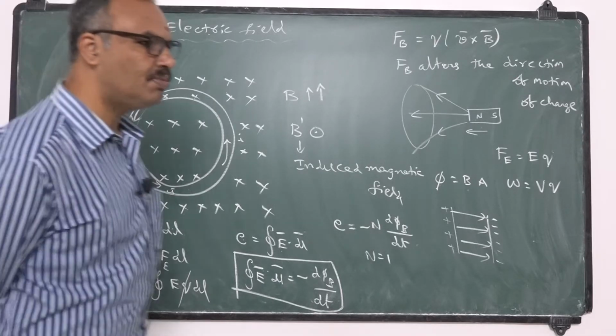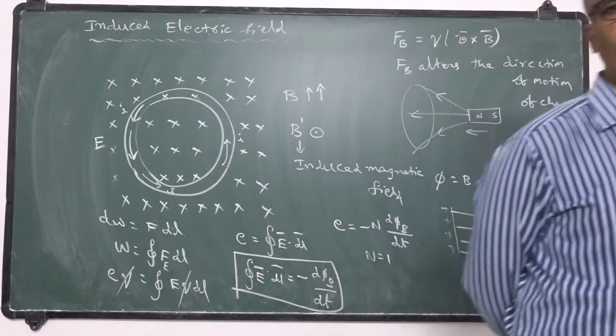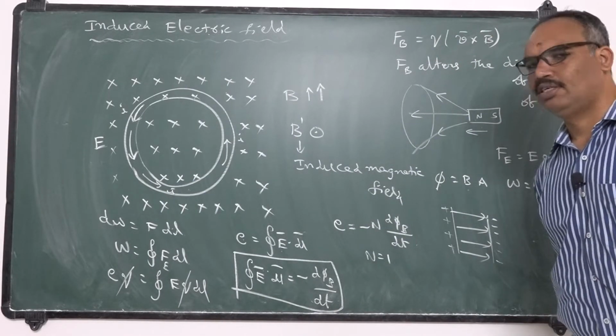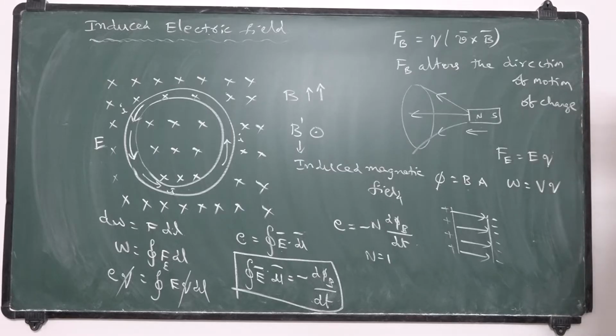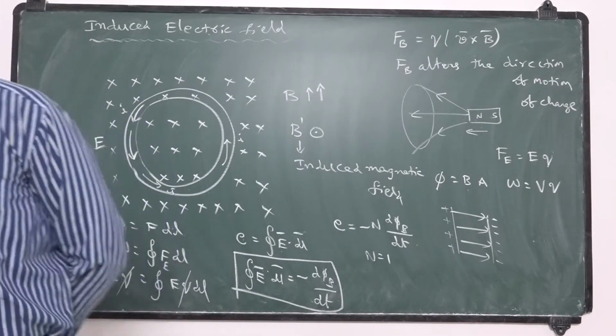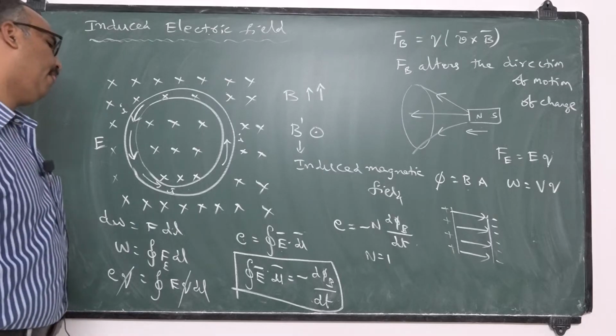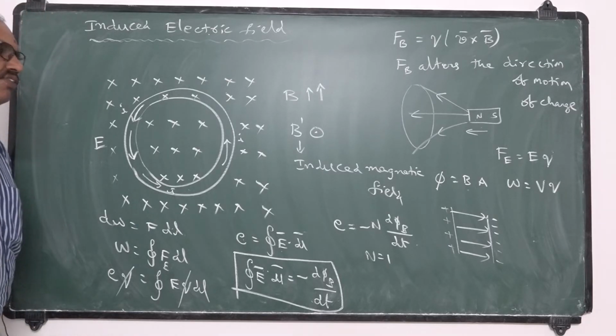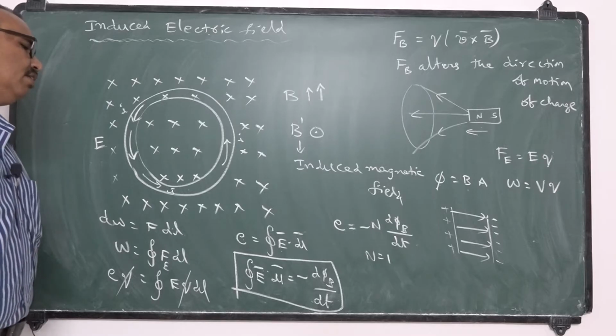The basic difference between the electric field in electrostatics and the electric field in this concept is that here the electric field is circular in shape, whereas there the electric field is in a straight line path. That is the basic difference between them, and this law is very useful for calculating induced EMF in a given loop of wire associated with a change in magnetic field.